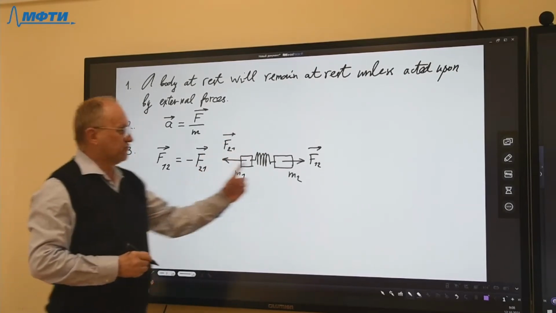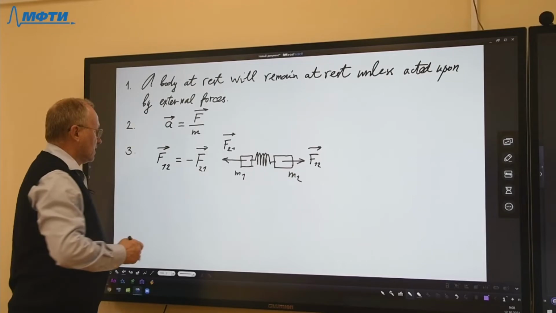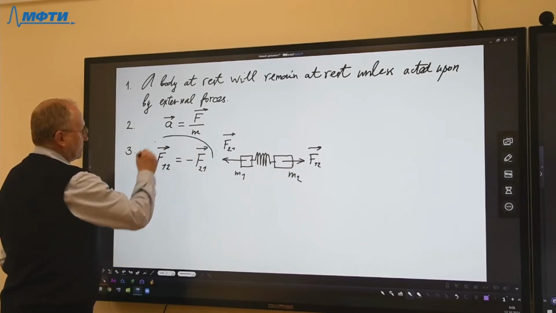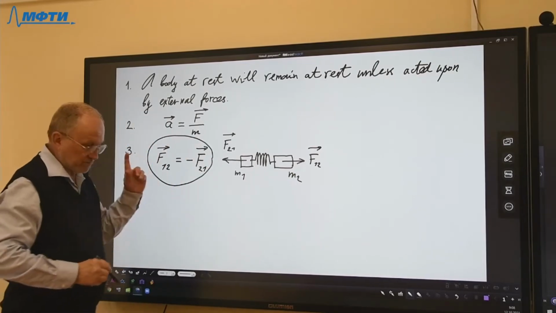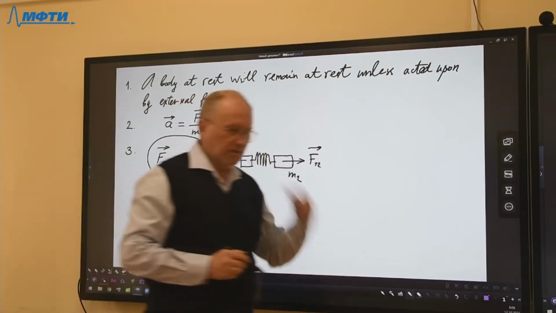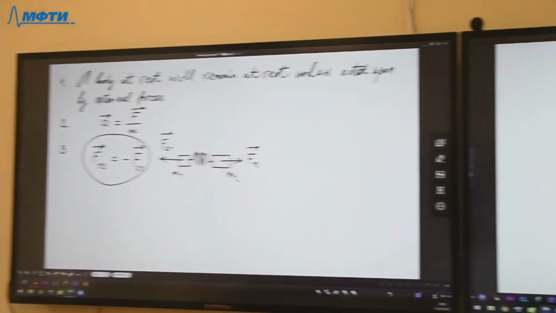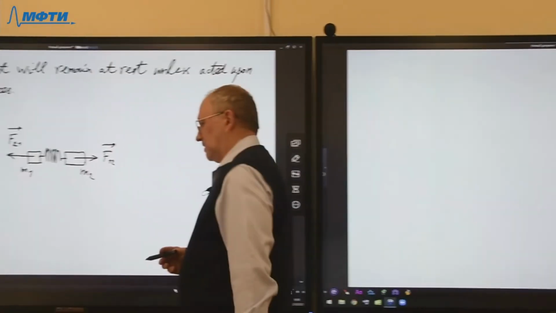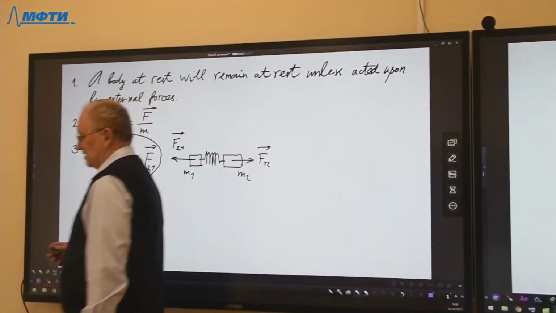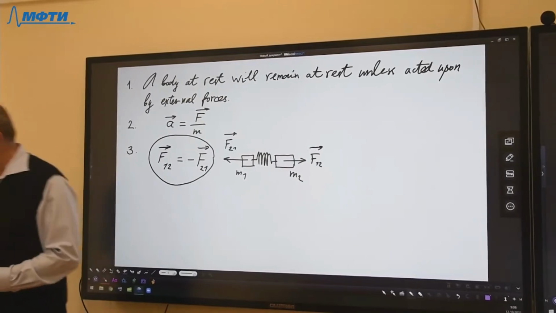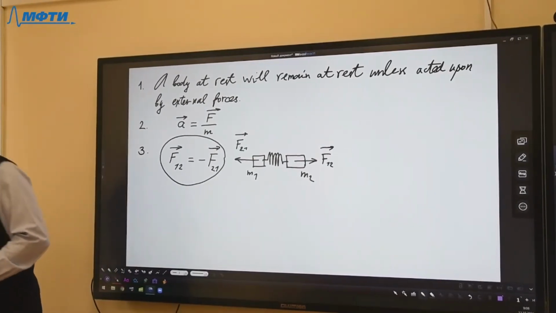And these two forces obey the third Newton's law. The force of action is equal and oppositely directed to the force of reaction.